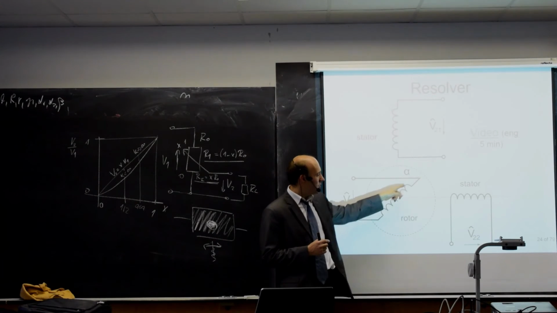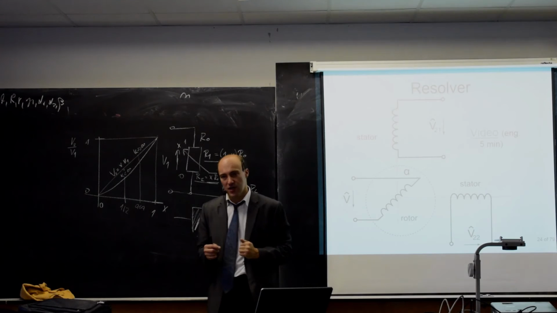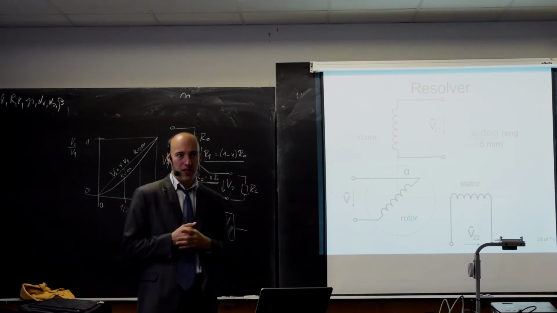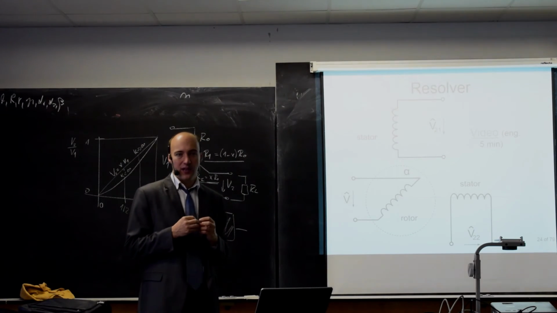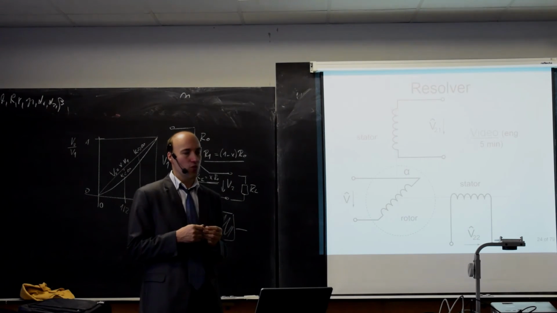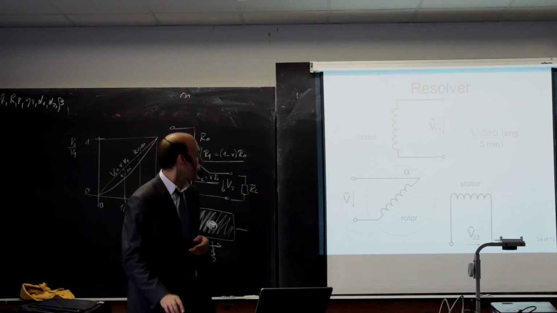The rotor position, let's call it alpha, is what you want to measure. The resolver is a typical sensor used in electric machines, electric motors, and you want to sense accurately the position of the shaft of the rotor, because you want to control torque, you want to control speed, and so on.